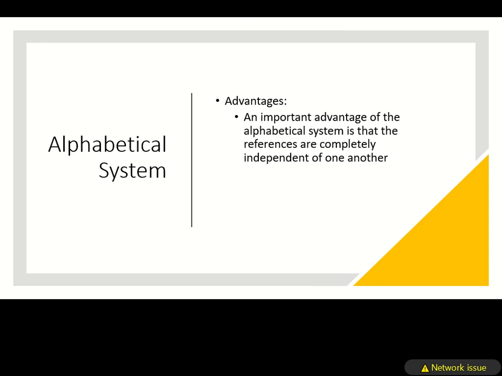You cannot put the first reference in the last chapter. But with the alphabetical system, it doesn't matter whether you put the reference in the first chapter or the last chapter. The name of the author is the same. It was Holly, right? So Holly will remain Holly whether he is in the first chapter or the last chapter.